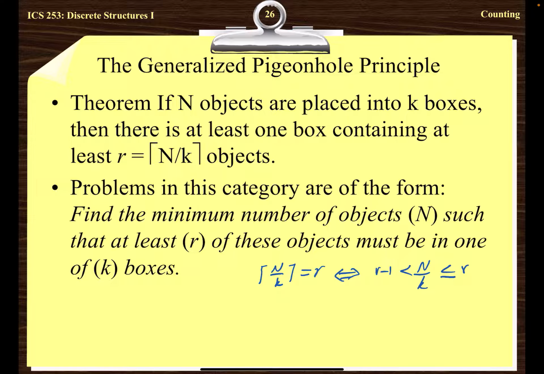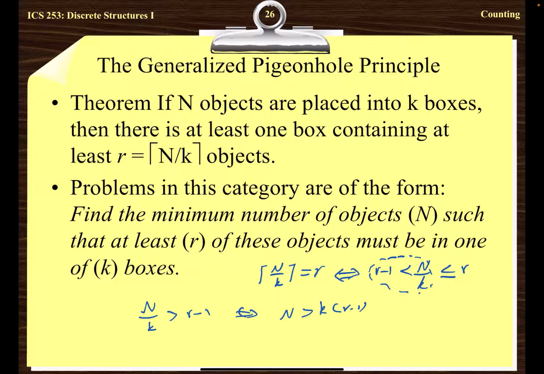So now if I need the minimum n, I should concentrate on this inequality, right? n over k greater than r minus 1, which is the same as n greater than k multiplied by r minus 1.